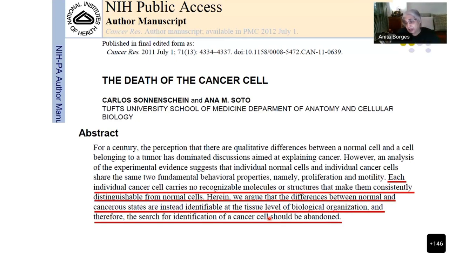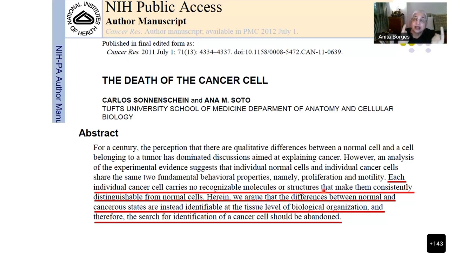And this was a very tongue-in-cheek paper, but it was quite influential, which said that each individual cancer cell carries no recognizable molecules or structures that make it consistently distinguishable from normal cells. Why? Because normal cells can become cancers, when you put them at a different site. And there are cells that are frankly cancerous that you put into another environment and they normalize.